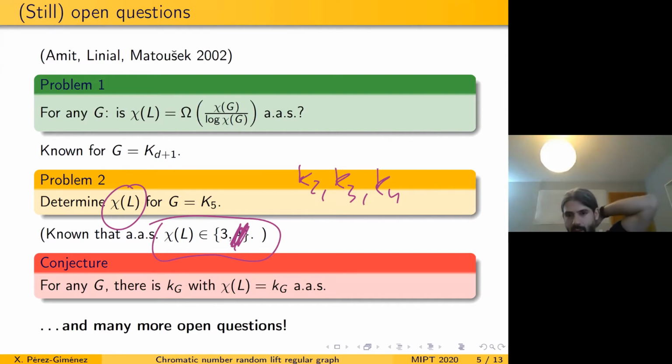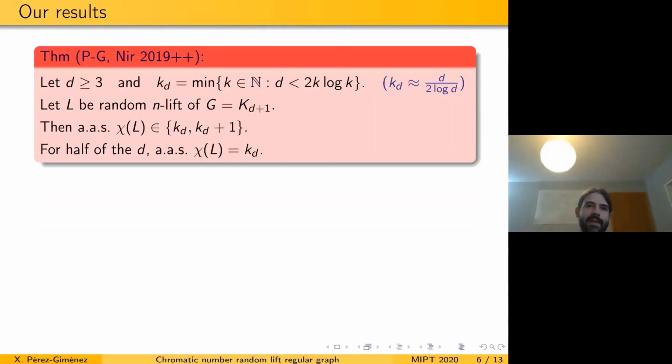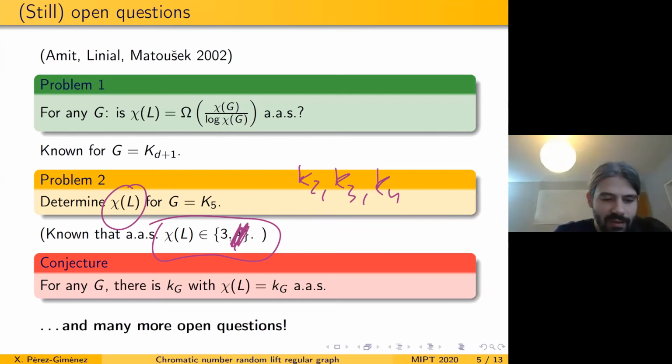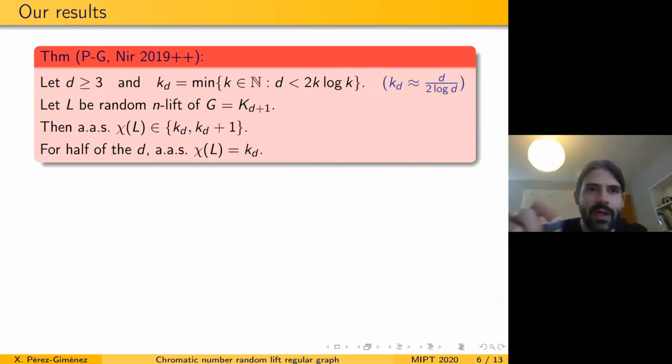So what we did, we did nothing for K5. We were not able to get rid of these 4 for K5, but we looked at the problem for the random lift of a general K_{D+1}, where D is fixed.